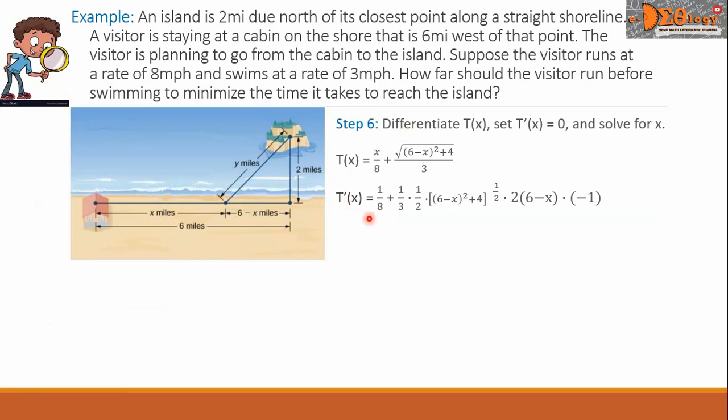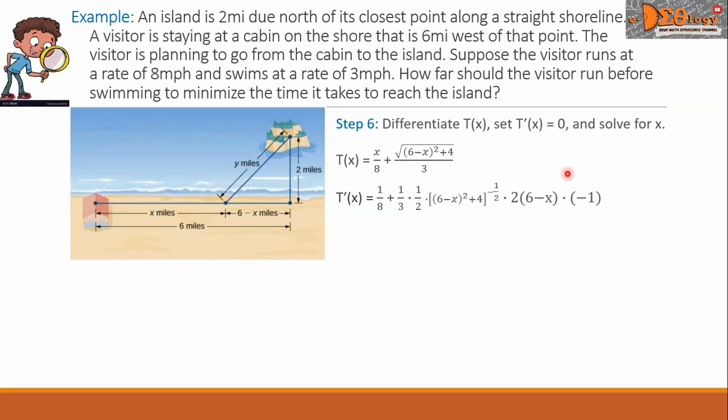T prime of x will be equal to the derivative of x over 8, which is 1 over 8, plus the derivative of this, which will be the constant 1 over 3 times 1/2 times the radicand raised to negative 1/2 times the derivative of the radicand, which will be 2 times the quantity 6 minus x times the derivative of negative x, which is negative 1.